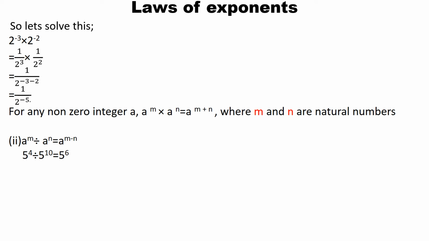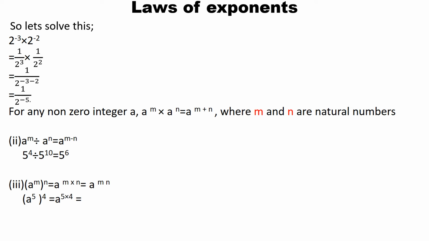So 5 power 6. Now let's learn the third law. Next, (a^m)^n is equal to... we know that when a bracket comes, we have to do multiplication. So (a^m)^n is equal to a^(mn).